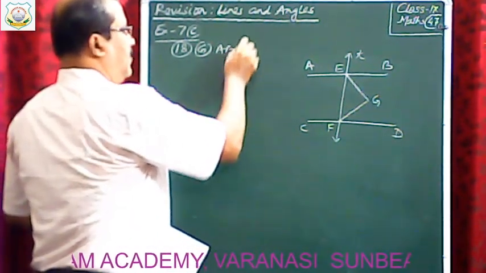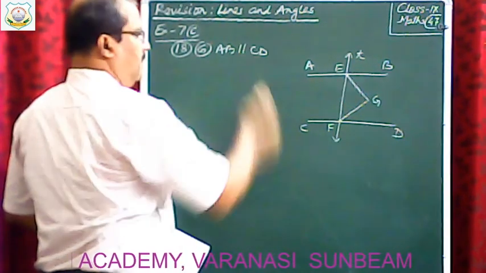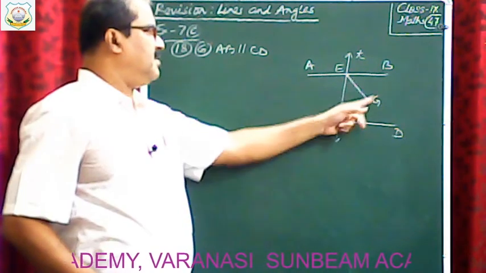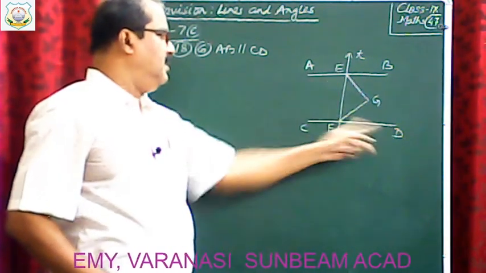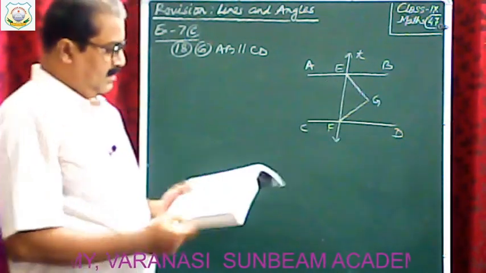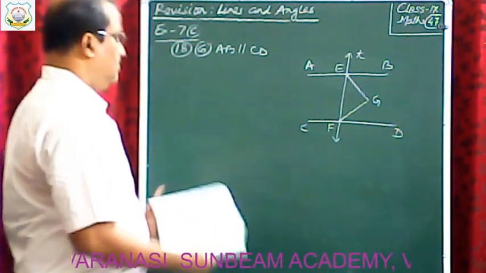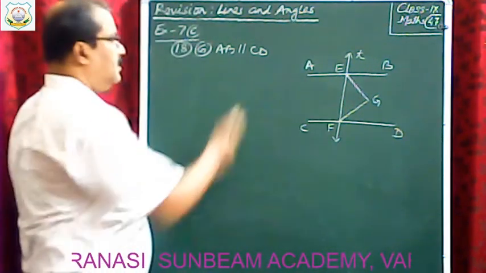Okay, so given AB parallel to CD. These two are the bisectors of angle BEF and angle EFD respectively.